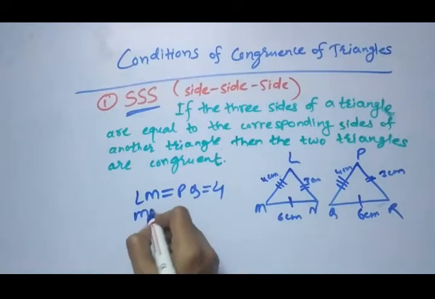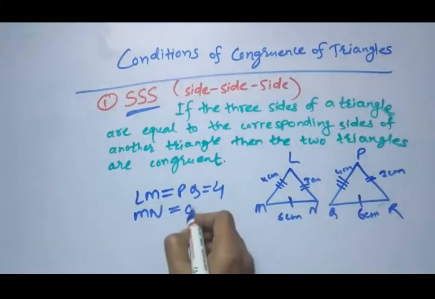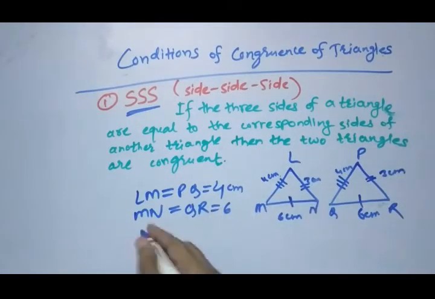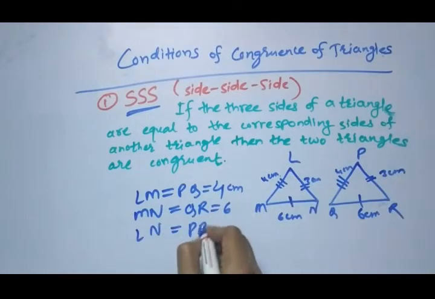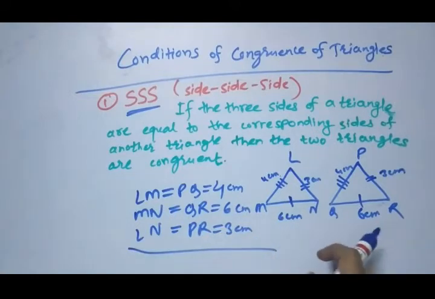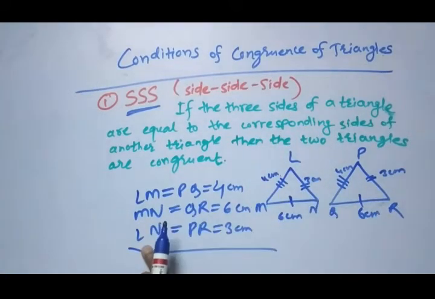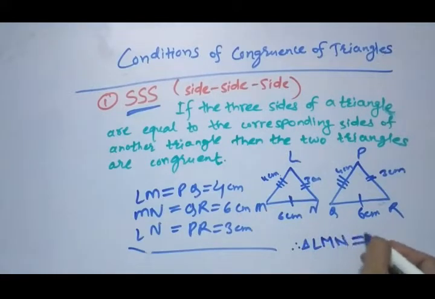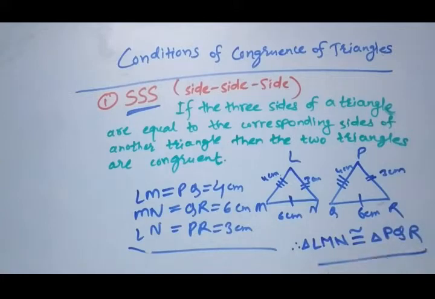Side MN is equal to side QR, both 6 centimeter. Side LN is equal to PR, both 3 centimeter. So you can see that the three sides of a triangle are equal to the corresponding sides of another triangle. So here you can say triangle LMN corresponds to triangle PQR.